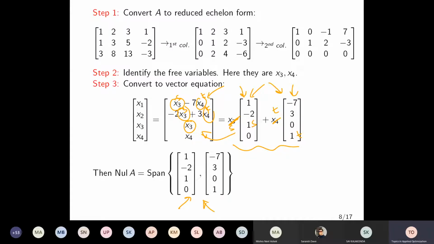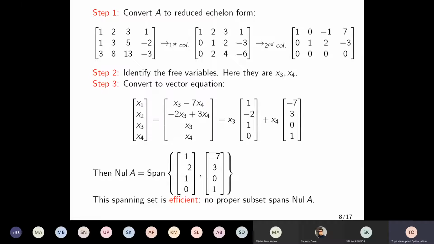So you now know the way to construct the span. We are not going to use all this in detail, but I'm doing this so that you relate many things. And this is efficient in the sense that no proper subset can ever span. This is the maximal that you are getting.